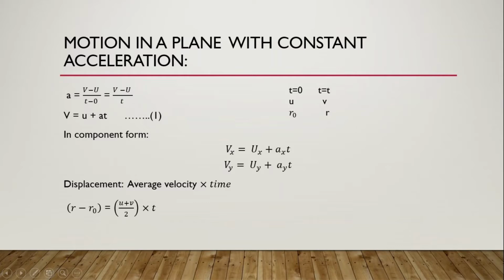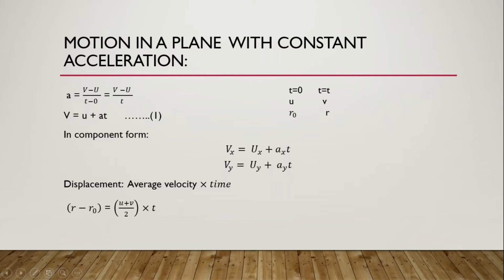So let us define the displacement. Displacement is equal to average velocity into time. By this concept, you can write displacement as final minus initial, that is r minus r naught, which is equal to the average velocity into time. The average velocity is initial plus final velocity divided by 2, into the time taken t, right?